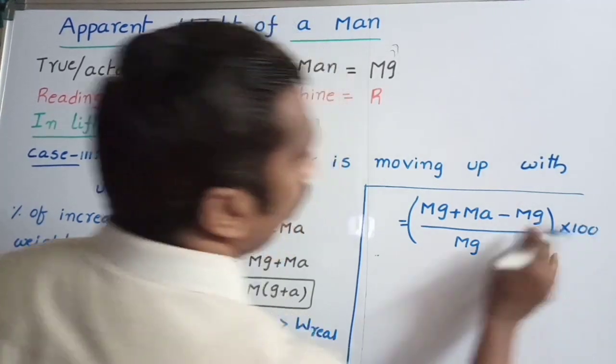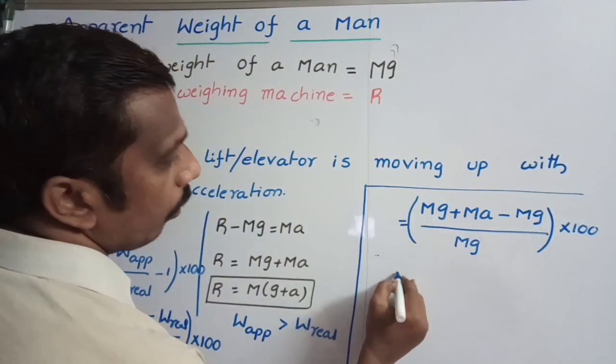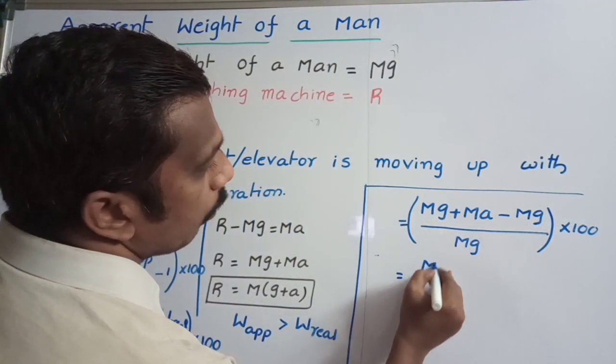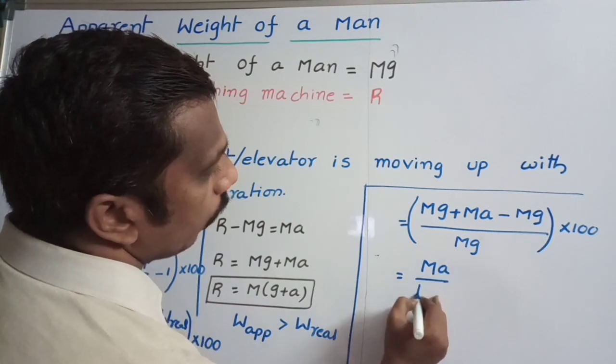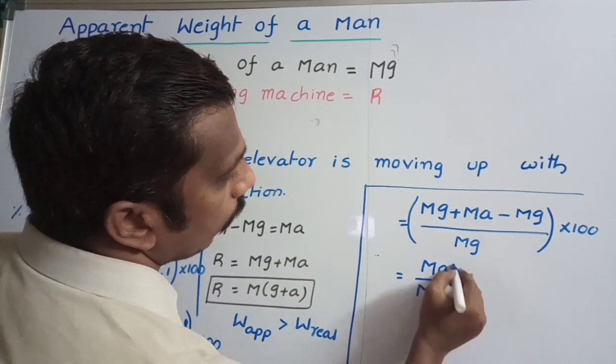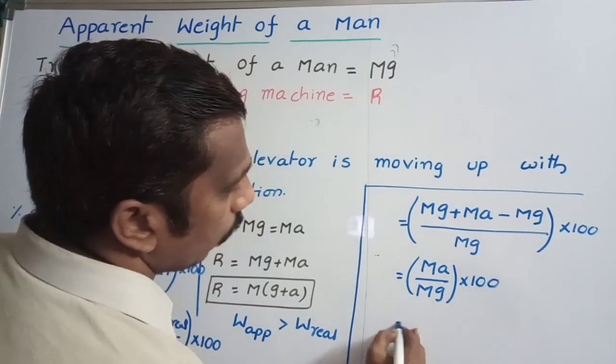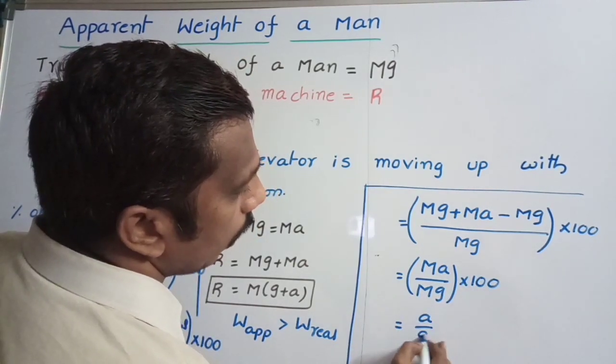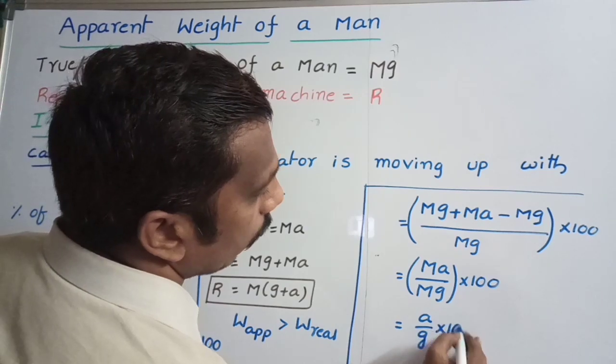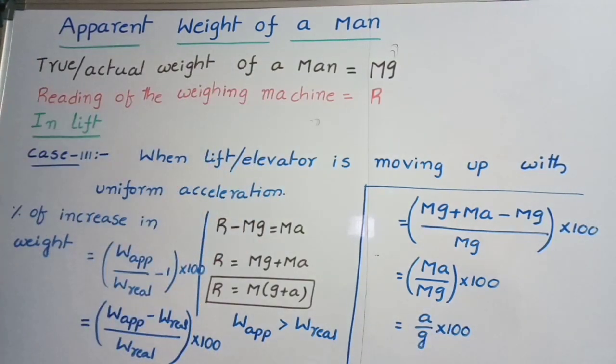Here mg gets cancelled. We get ma by mg into 100, that is equal to a by g into 100. So this is the percentage of increase in weight.